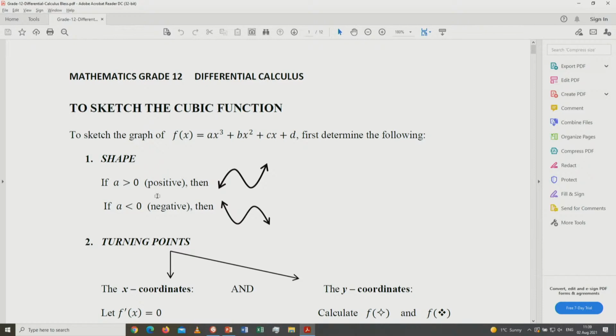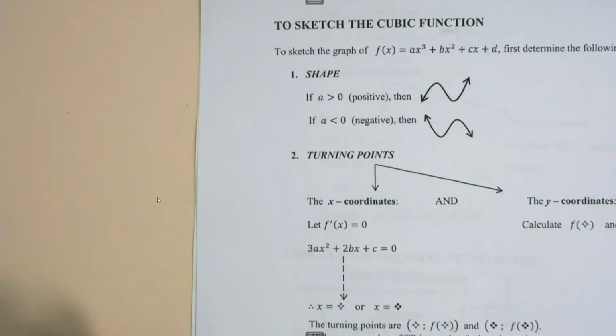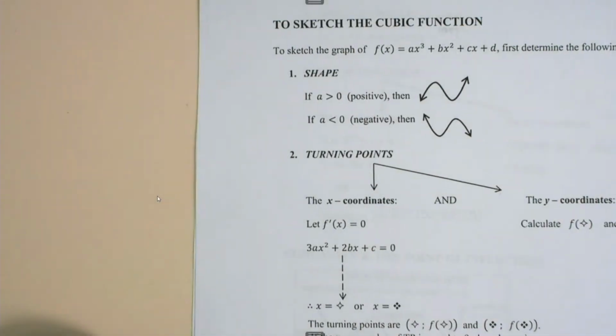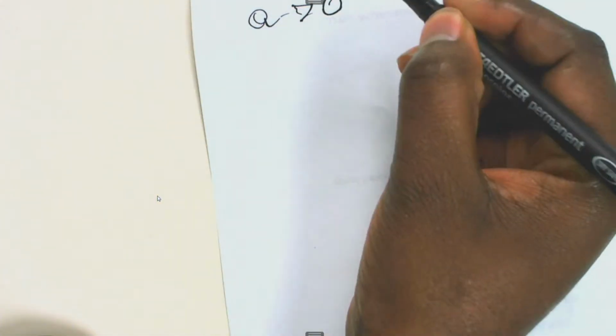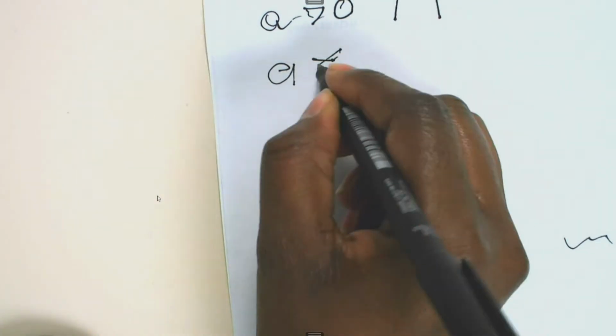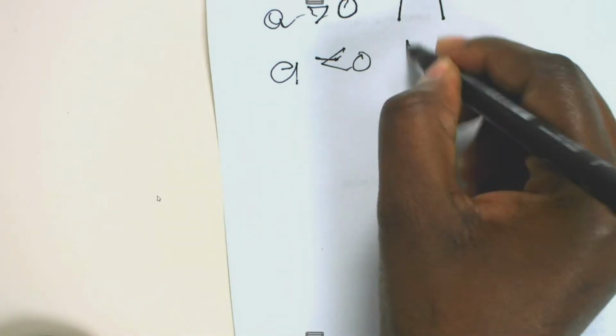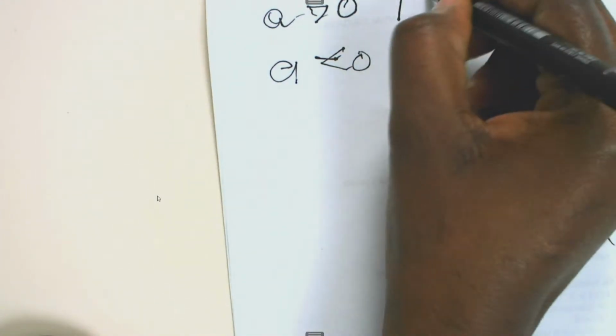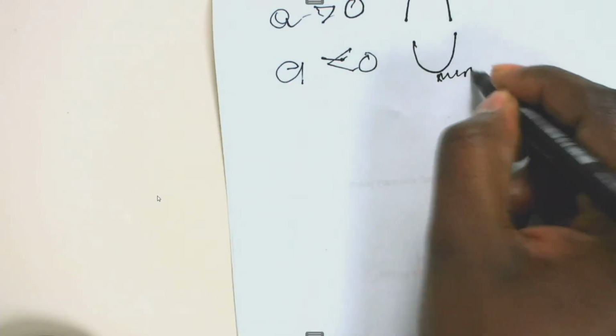If the value of a is greater than 0, we have what we normally called a sad face. When the value of a is less than 0, we have the happy face. Therefore, this one is its maximum and this one is its minimum TP.